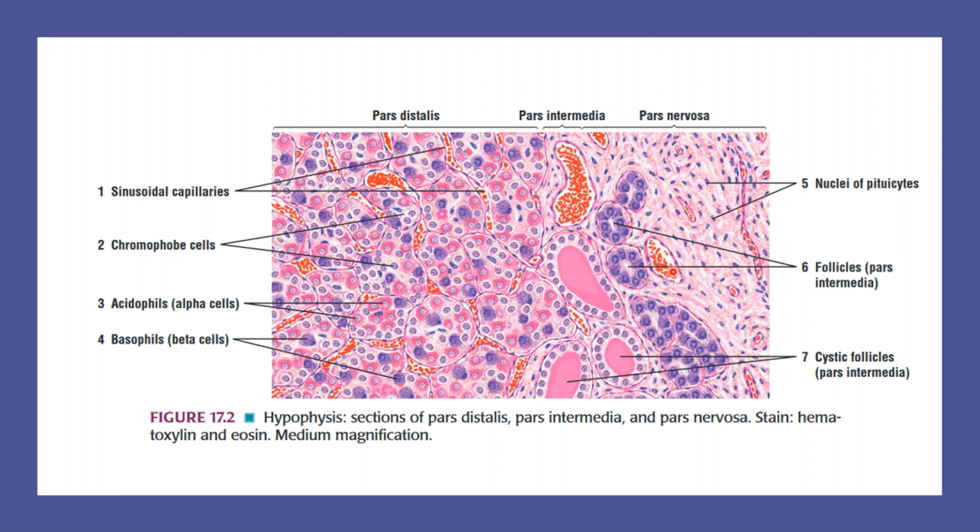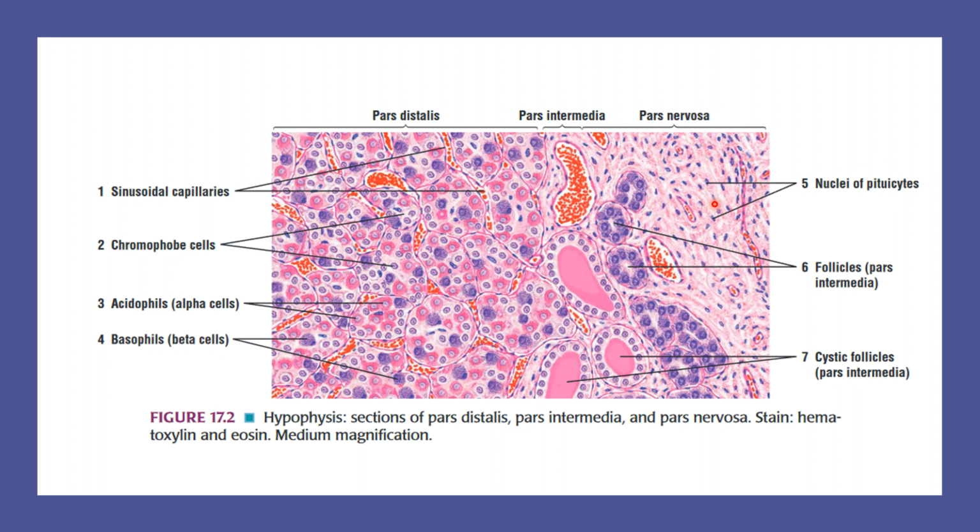In addition to this, what we are seeing here, you are able to make out numerous nuclei. What are those nuclei? These nuclei belong to another cell type present in the pars nervosa, the pituicytes. The pituicytes are nothing but glial cells, supporting cells present in the pars nervosa.